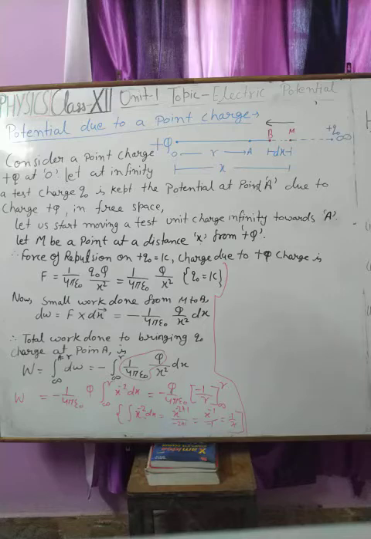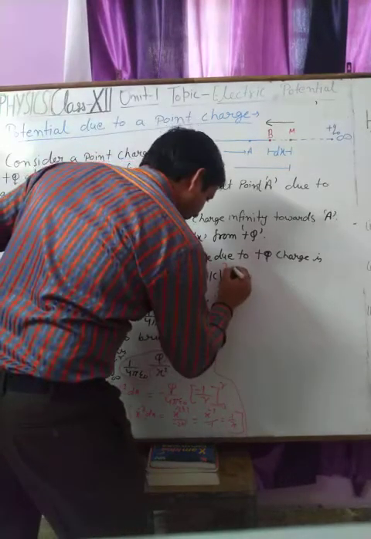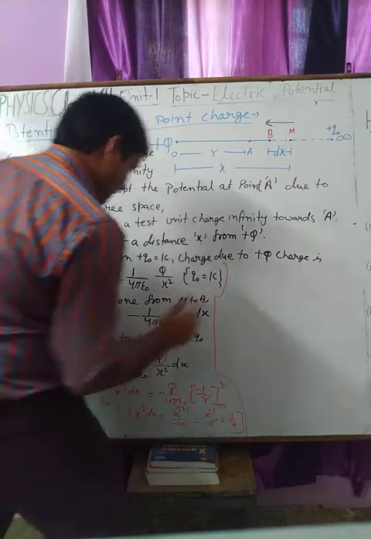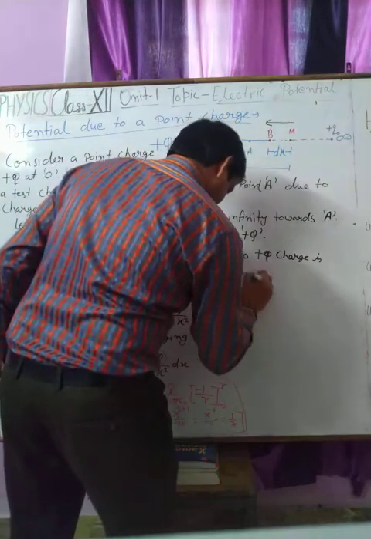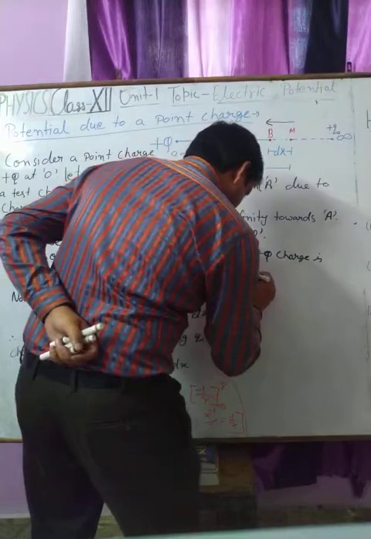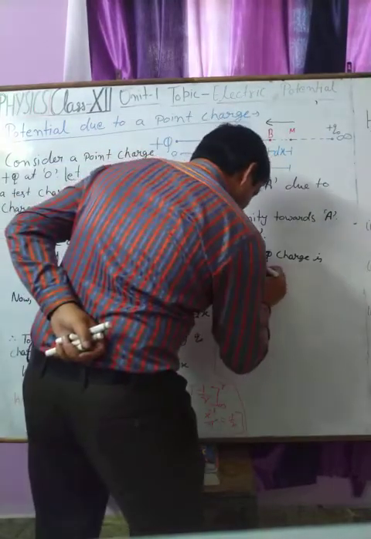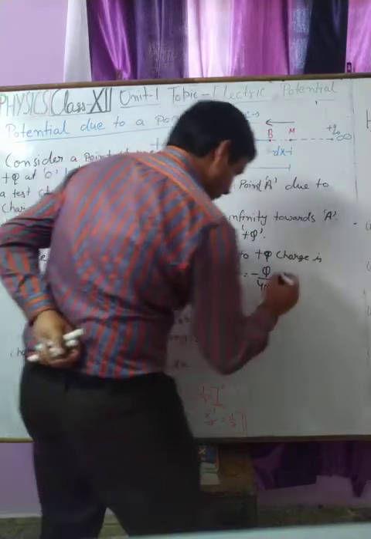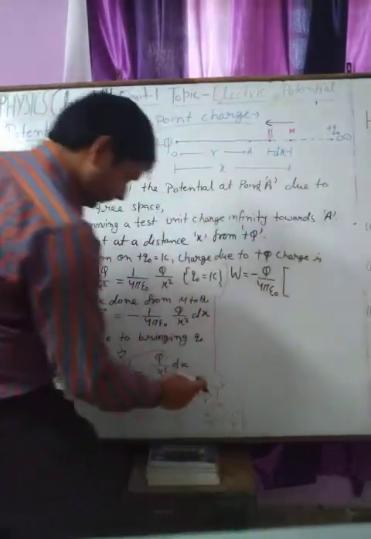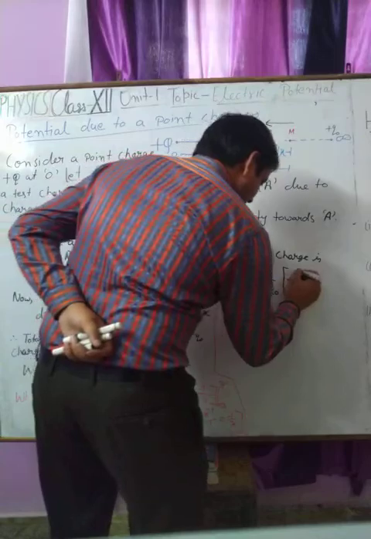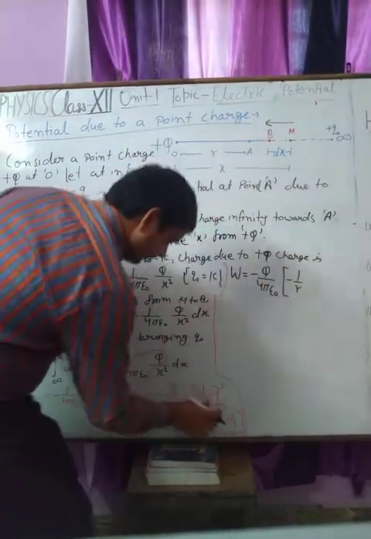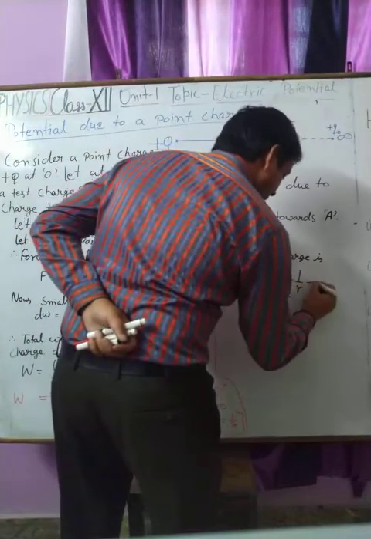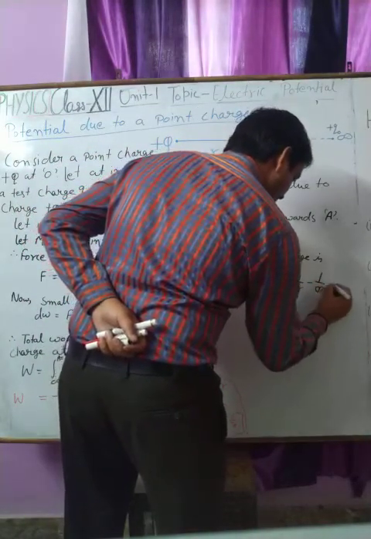Now on taking limits, we find this work done is equal to minus q upon 4 pi epsilon naught times minus 1 upon r, that is 1 upon r minus 1 upon infinity.